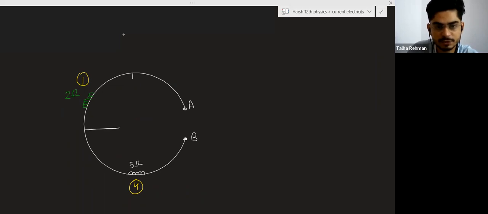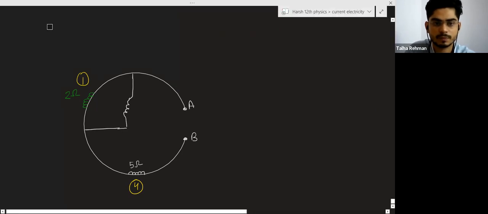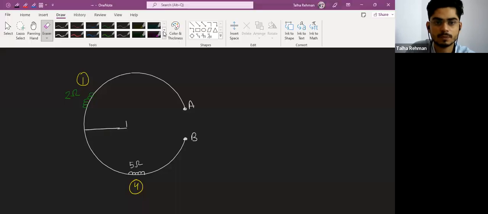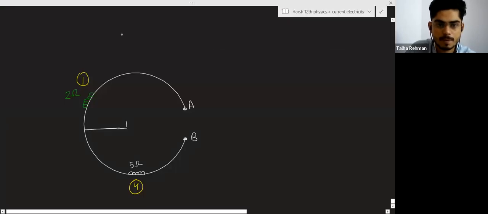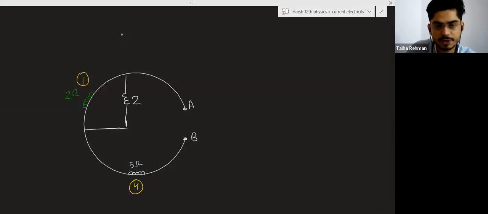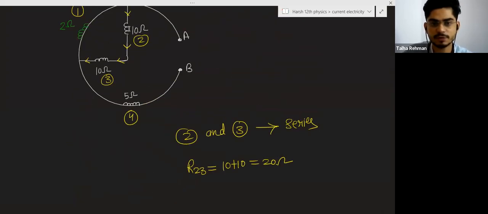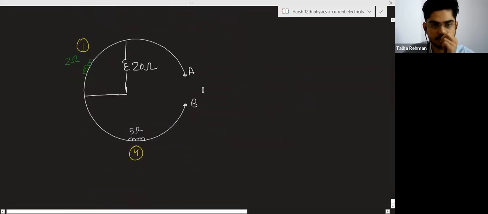That is why we are doing this. We will connect the 20 ohm resistance because we have just calculated the equivalent of this. So we will just modify the circuit.